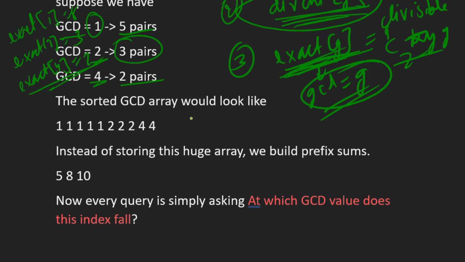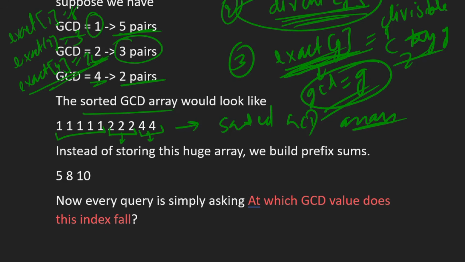So how will our sorted GCD array look like? For 1 we have 5 pairs, so 5 times 1. Then for 2 we have 3 pairs, so there are 3 values of 2. Then there are 2 pairs having GCD 4. So this will be our sorted GCD array.